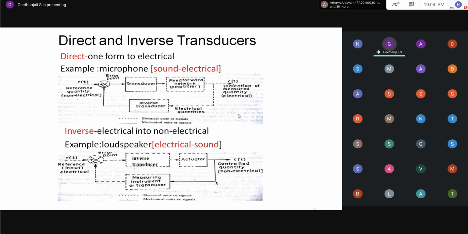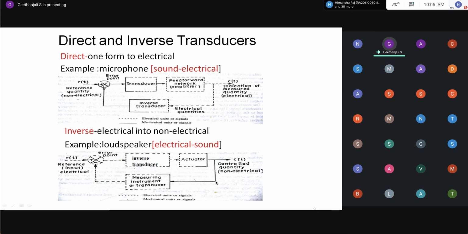So these processes are happening, this one that is non-electrical to electrical. This is happening by using this control system diagram. Here, there are three blocks, and the feedback is also given. This is called feedback. We are taking some portion of the output here, and again we are giving it as an input. This error point also we are giving.